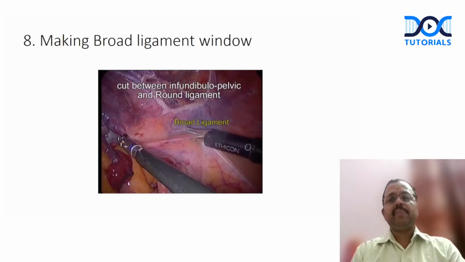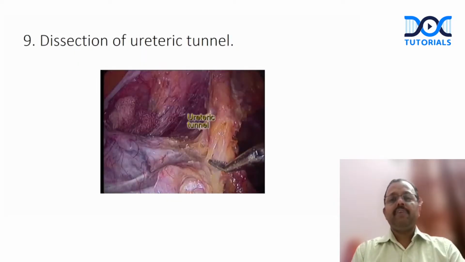Next is making a broad ligament window, cutting between the infundibulopelvic ligament and the round ligament. When you do that, the ureter is visualized, and then we start doing the ureteric tunnel. Remember the 2-3 important things that you have to keep in mind. The ureter has a series of vessels like a plexus on its surface. So never try to skeletonize the ureter or lift it up totally.